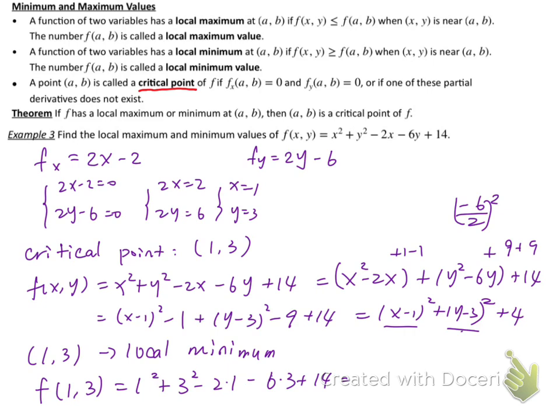You will see what I mean. So 1 plus 9 minus 2 minus 18 plus 14. This gives me 10 minus 2, which is 8, minus 18, negative 10, plus 14, 4. And this is my local minimum value.